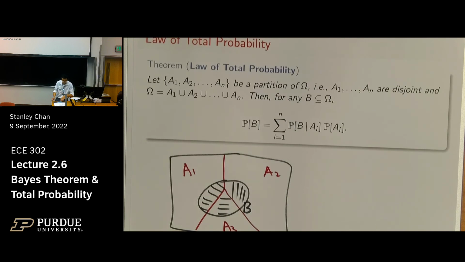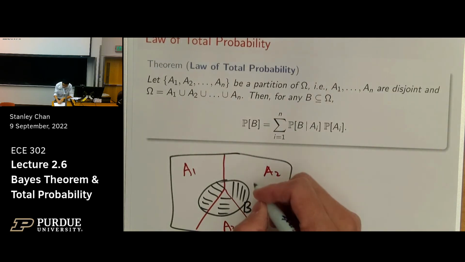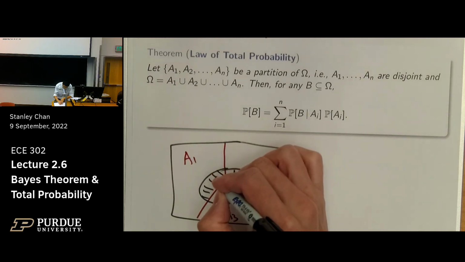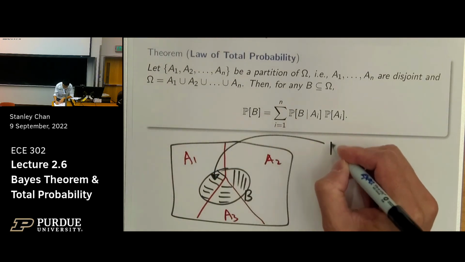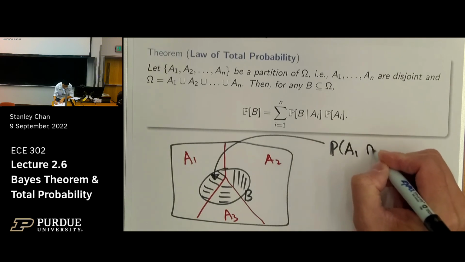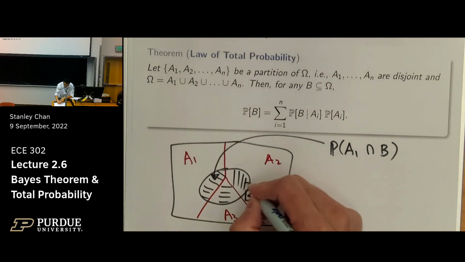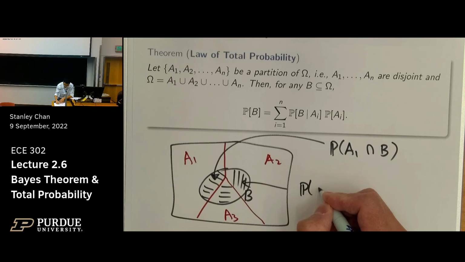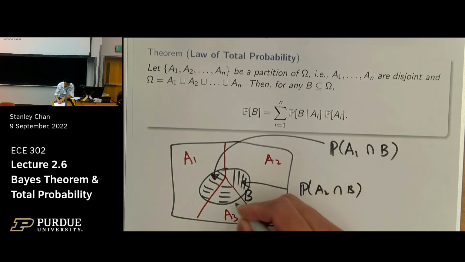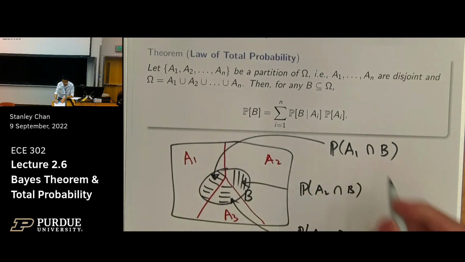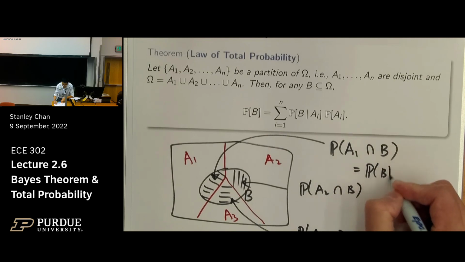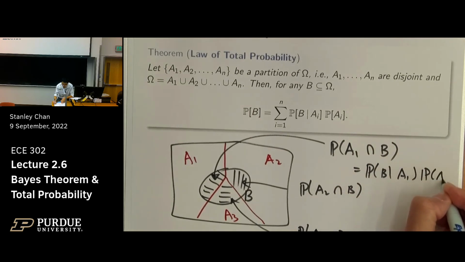If you are still not quite following, then let me draw this diagram here again. This area is the probability of A1 intersect B. Okay, it is an intersection. This one is the probability of A2 intersect B, and this one is the probability of A3 intersect B. A1 intersect B is the probability of B given A1 times the probability of A1.